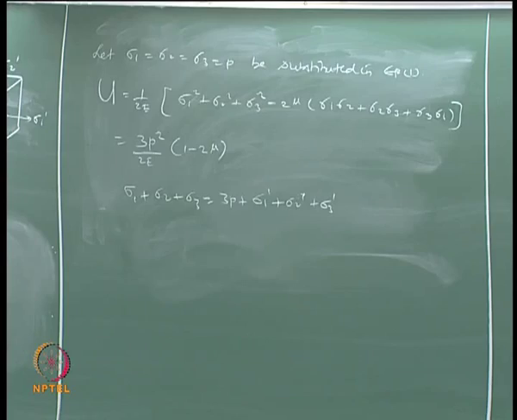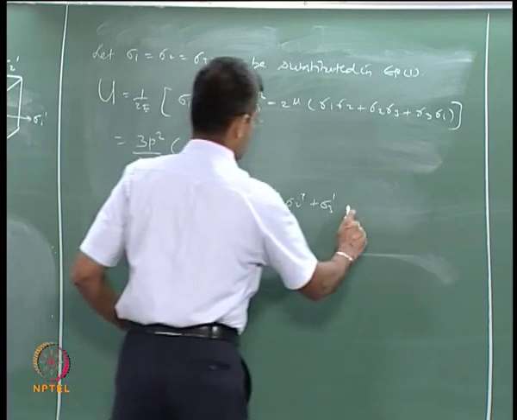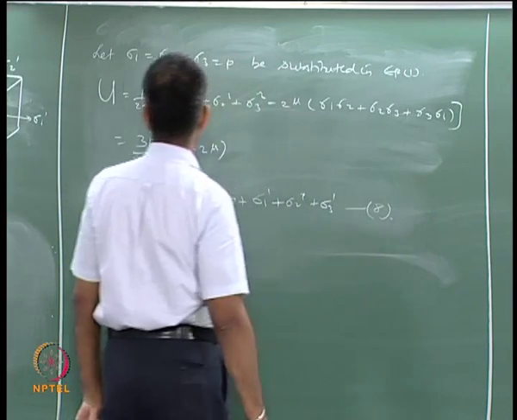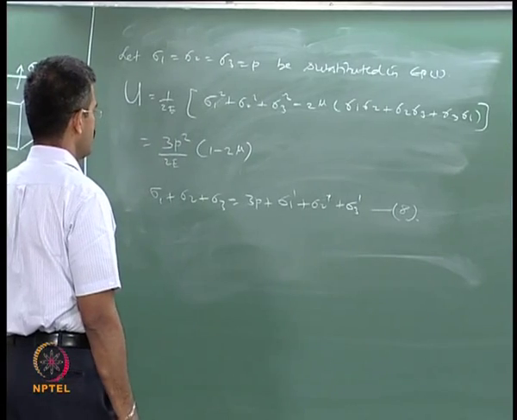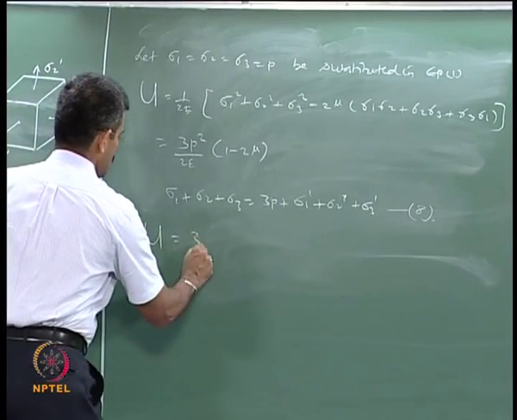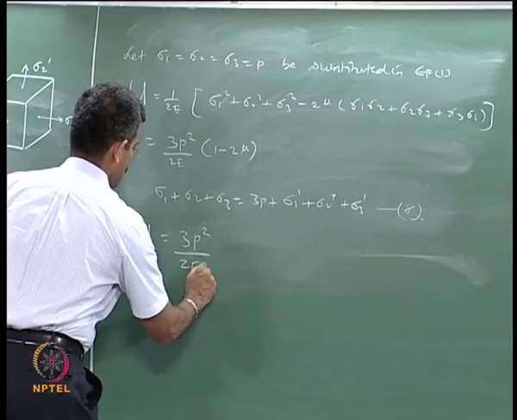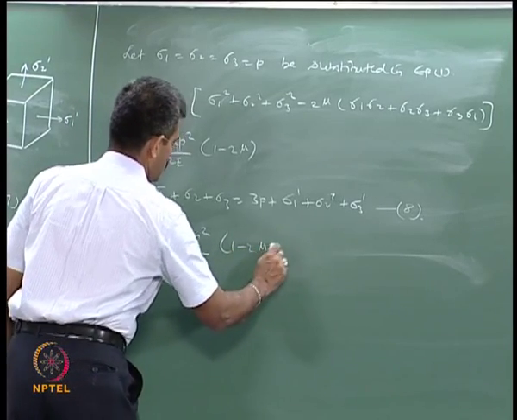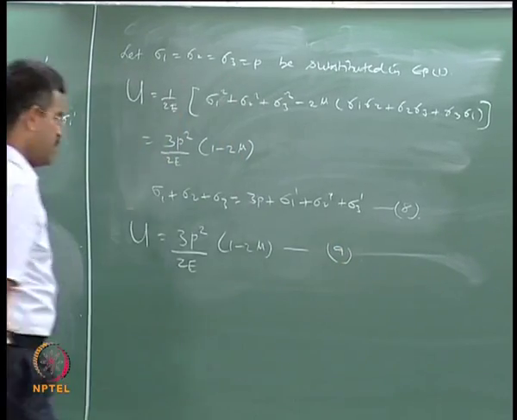I call this equation number 8. So now I can say U is 3P square by 2E of 1 minus 2 mu, equation 9.